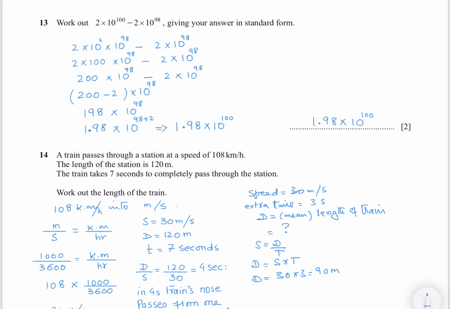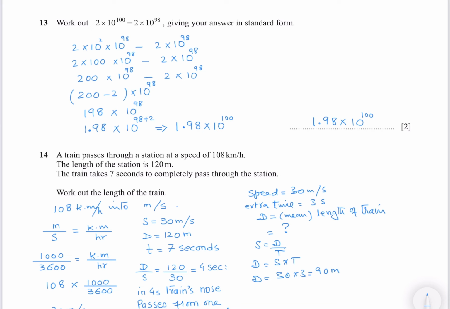I can do that; this comes under the indices rule. Because the bases are the same and they are multiplying, the powers must be added. So it becomes again 10 power 98 plus 2, which is 100. The right side, keep it like that.